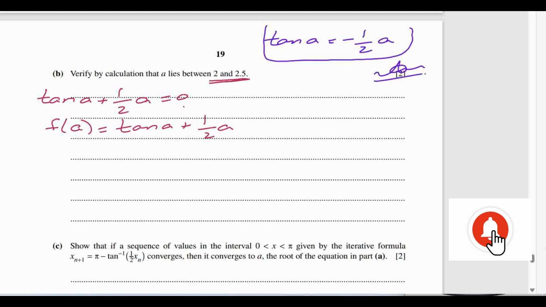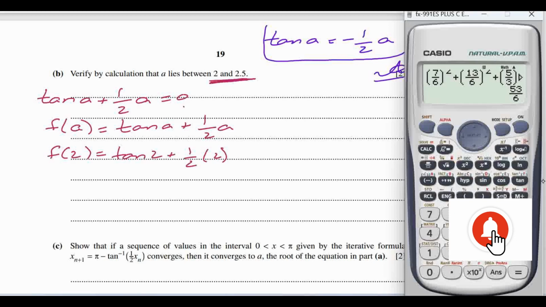We have to prove that the root lies between these 2 points. So f of 2 is equal to tan of 2 plus 1 by 2 into 2. Your calculator must be in radians.